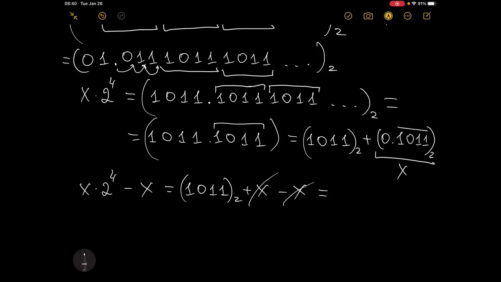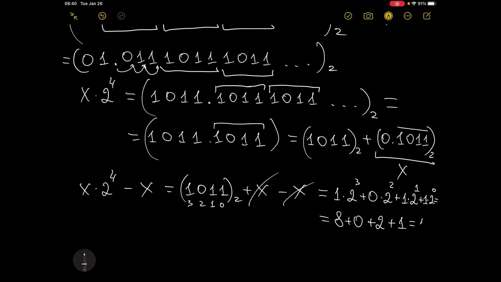And I know that this is nothing else but what? 0, 1, 2, 3, right? So 1 multiplied by 2 to the third, plus 0 multiplied by 2 to the second, plus 1 multiplied by 2 to the first, plus 1 multiplied by 2 to the 0th power. So I know that this is 8 plus 0 plus 2 plus 1, which is 11, right?